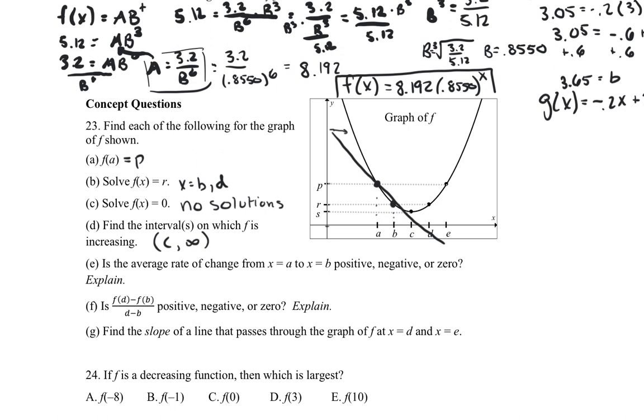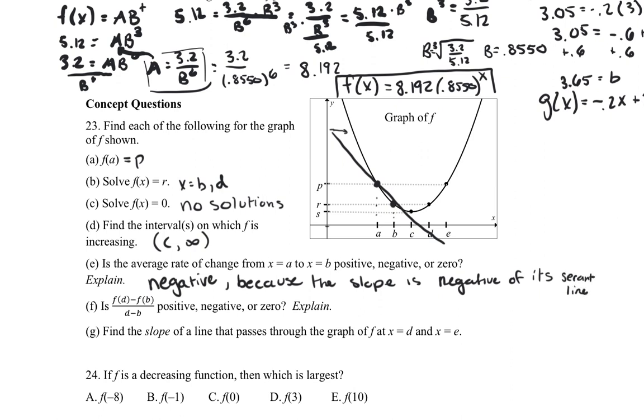So that means it has a negative slope. So negative, because the average rate of change is the slope of its secant line.